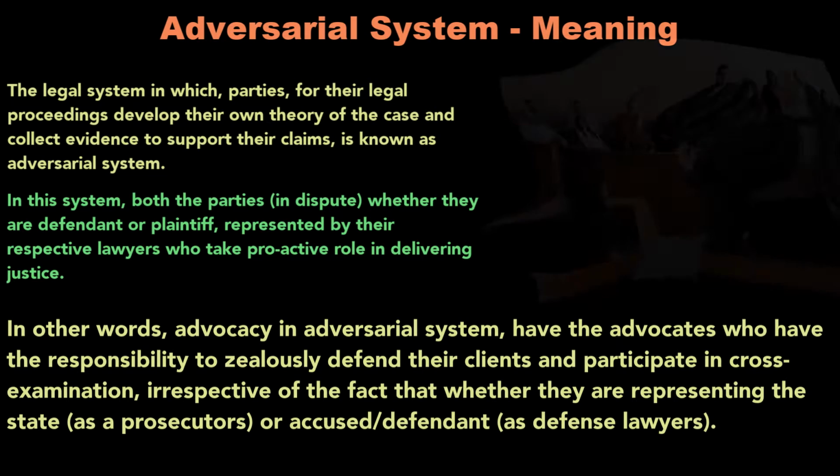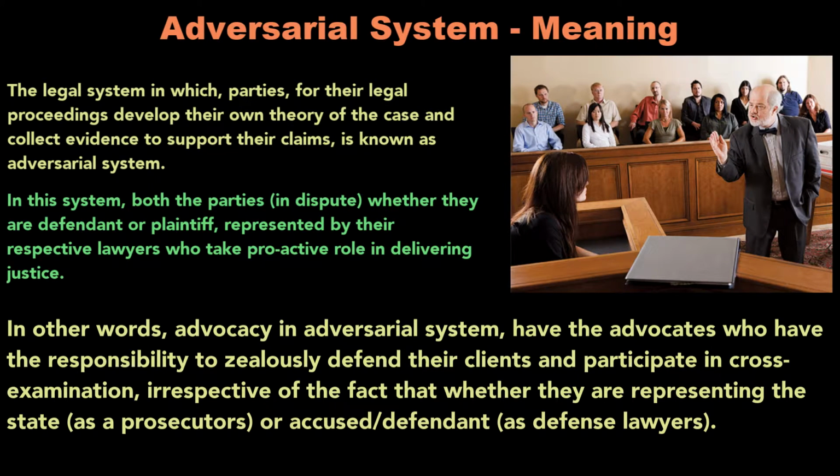In other words, advocacy in the adversarial system has advocates who have the responsibility to jealously defend their clients and participate in cross-examination, irrespective of whether they are representing the state as prosecutors or the accused defendant as defense lawyers.